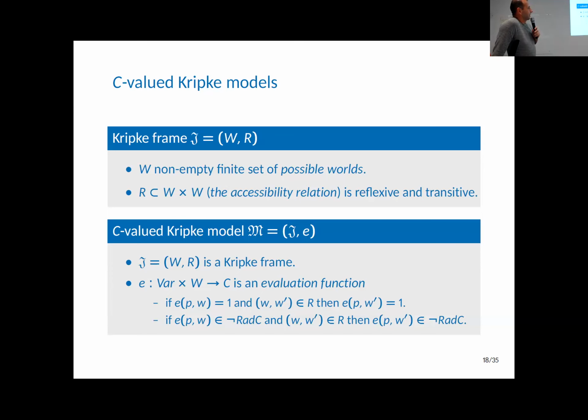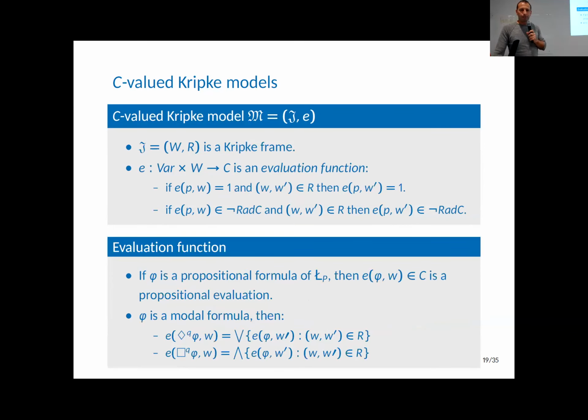So the difference is in the evaluation part, where we evaluate these formulas and propositional variables in the algebra C. So the evaluation is done on Chang's algebra C. And additionally, if on some states the evaluation is in the negation of the radical, then all of its successors should be evaluated in this negation of the radical as well.